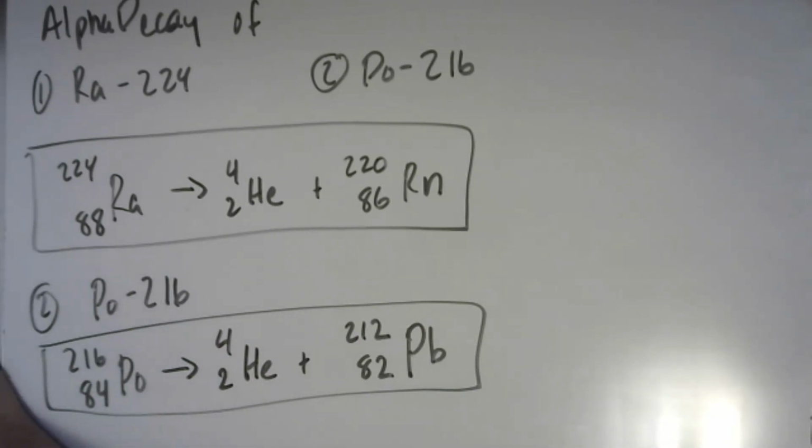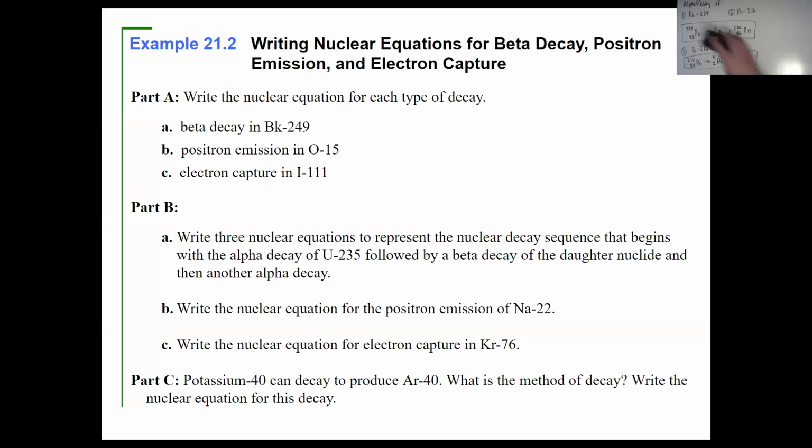All right. The next one, we have a few examples of all the different types. So if you want to take a minute to write some of this down. But we're going to write a nuclear equation for each type of decay here. You get to see some weird elements too in this part of the textbook, which I like, because we never really talk about the radioactive elements.